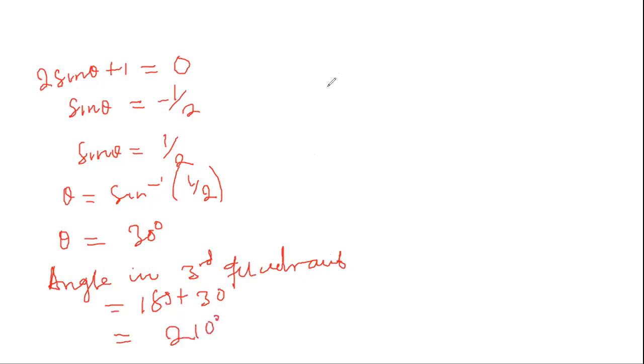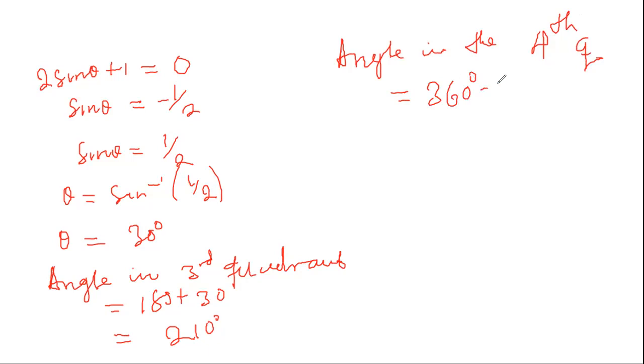And then the angle in the fourth quadrant is going to be 360 minus 30. So this will be 330 degrees.